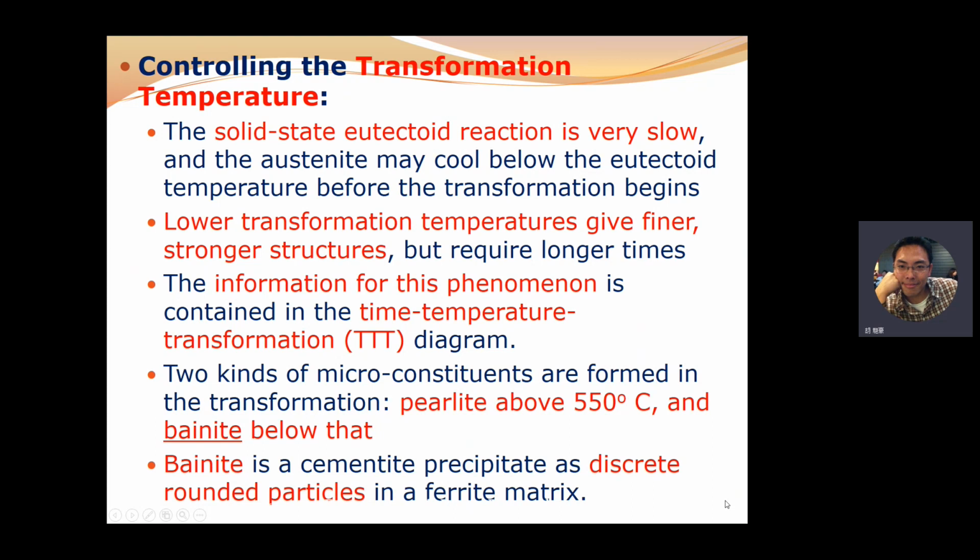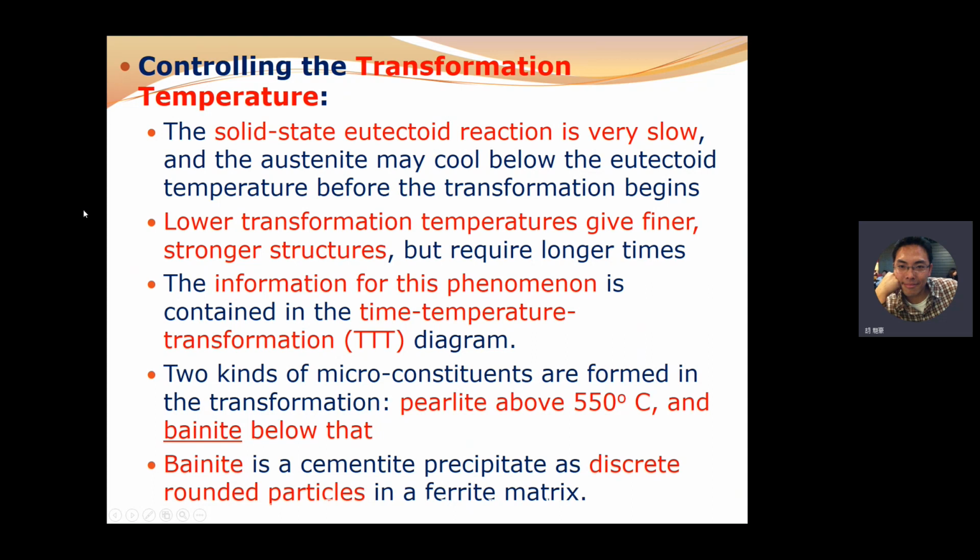The solid state eutectoid reaction is very slow, and the austenite may cool below the eutectoid temperature before transformation begins. And lower transformation temperatures give a finer, stronger structure, but require longer time.